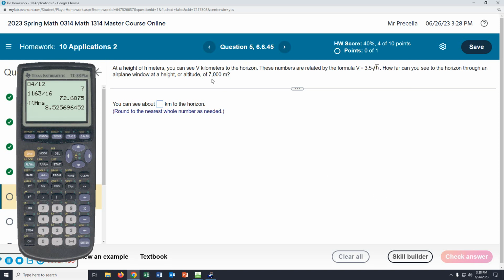So V is how far you can see to the horizon. That's the distance you're seeing. H is the height when you're looking. How high up are you? So I'm writing down the formula, V equals 3.5 times the square root of h.